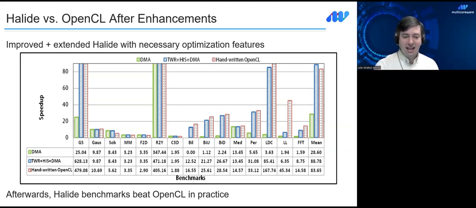And in the end, there's a lot of things to call out here, but the big conclusion is that this middle line here in blue, with the blue hash on the bar chart, is our ultimate Halide solution. And on average, our Halide implementations beat the OpenCL implementations in practice.